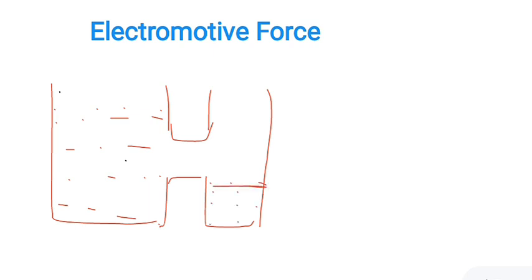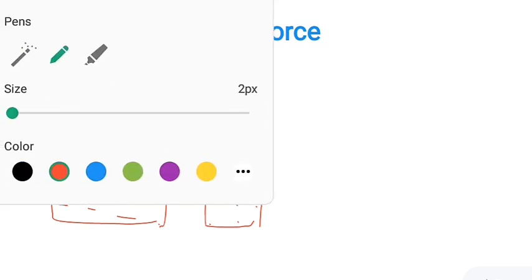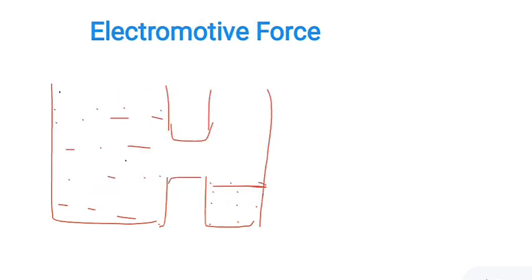Okay. Initially what I have done, I have put a cork. That means I have stopped the flow of water from this side to this side. Okay. Now, if I remove this stop, this cork or barrier, what will happen?